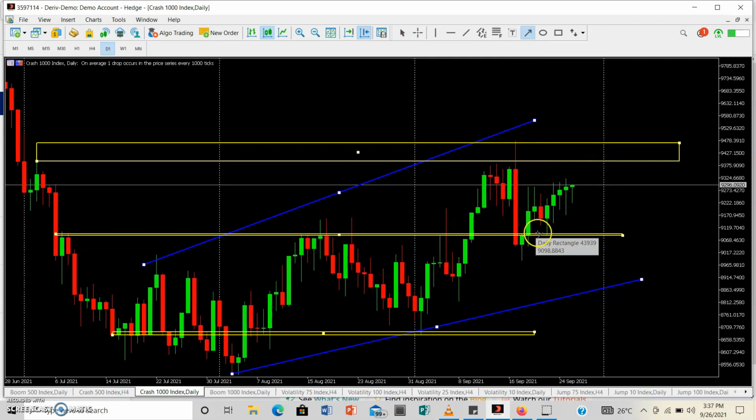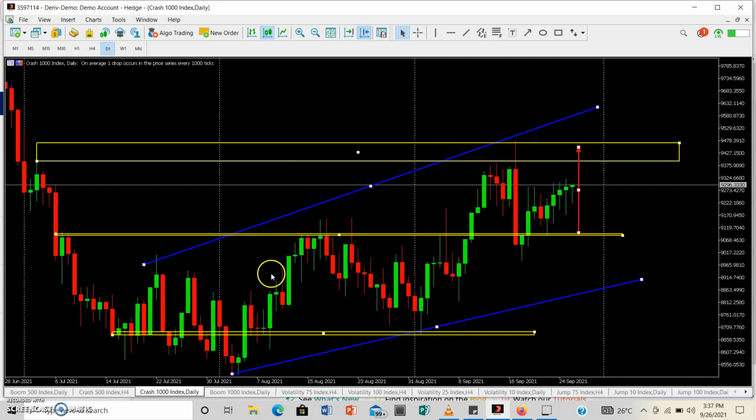from the price point that we're coming at, I can see that we're still trying to push up. We're pushing up because we're in this channel, and the next best move will obviously be to enter into some buy trades for Crash 1000. Why? Because we're coming off from a support zone, heading towards another resistance zone, and probably heading towards this top trend line.